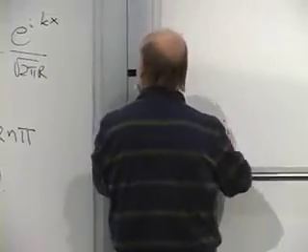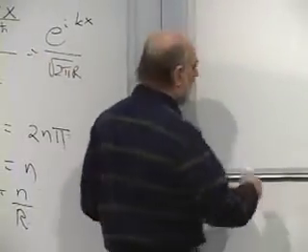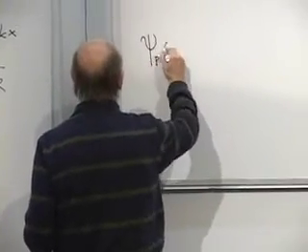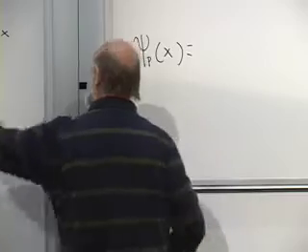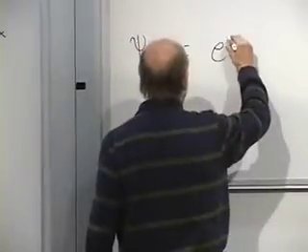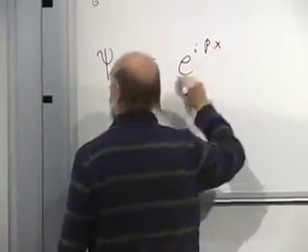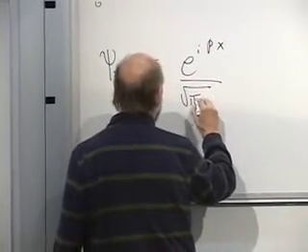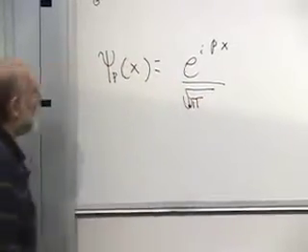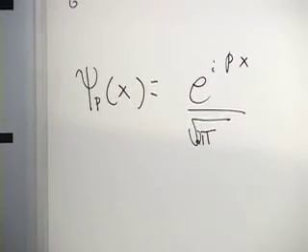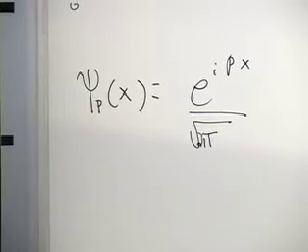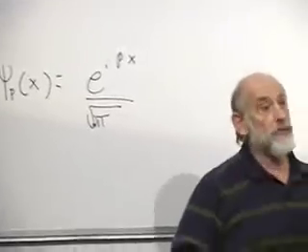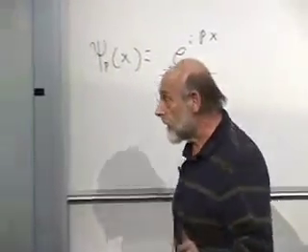It's no longer a truly normalized wave function, but now we'll just define psi p of x as the same thing, e to the i px over the square root of 2 pi, without the r here. That means these wave functions have been stretched out by a factor of square root of r.